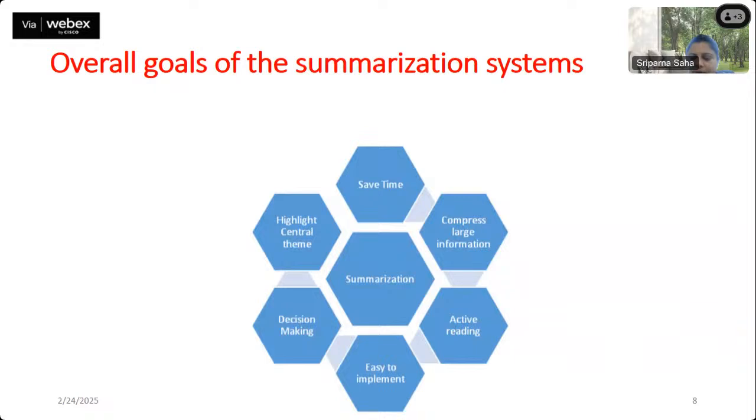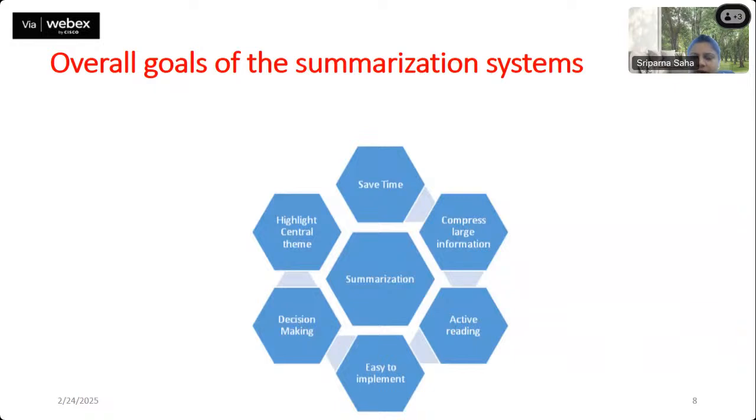Easy to implement. Decision making, because as I mentioned, microblog summarization helps the rescue team in decision making. People are expressing their current situation in the tweets. So maybe we can gather all the tweets and then do a summarization of the tweets.